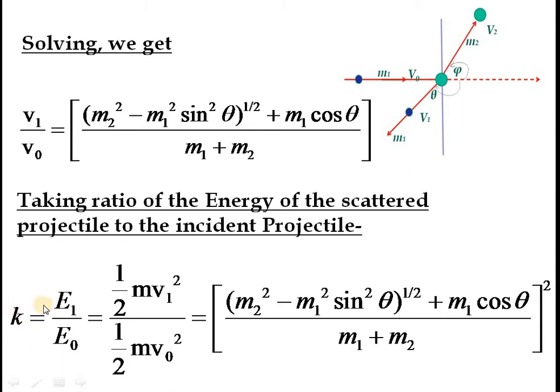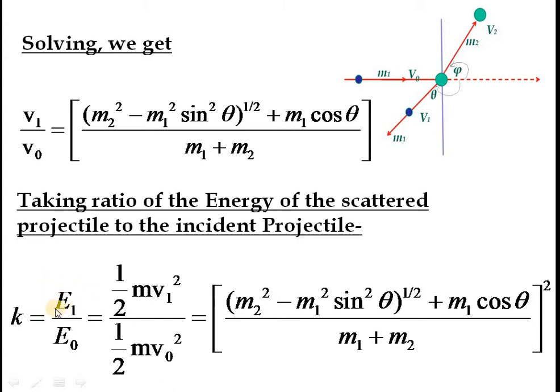The kinematic factor is the ratio of the energy of the scattered projectile E1 to the energy of the incident projectile E0. You know the energy of the incident projectile because you got this particle from an accelerator by passing it through a magnetic focusing system. So E0 is well known, and E1 is also known to you because it is measured in the detector.